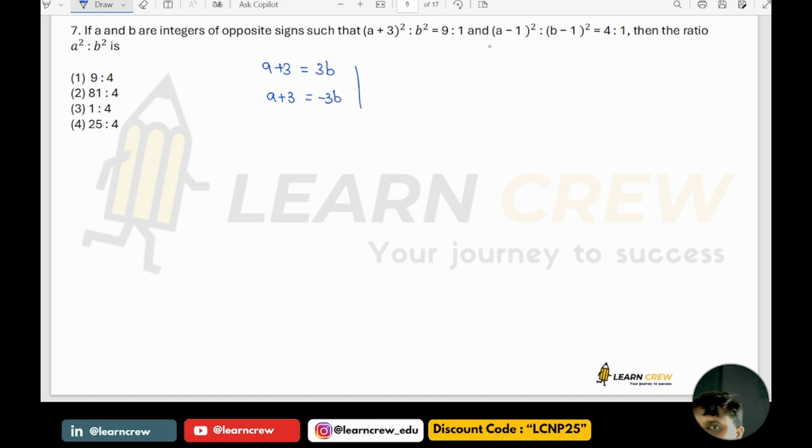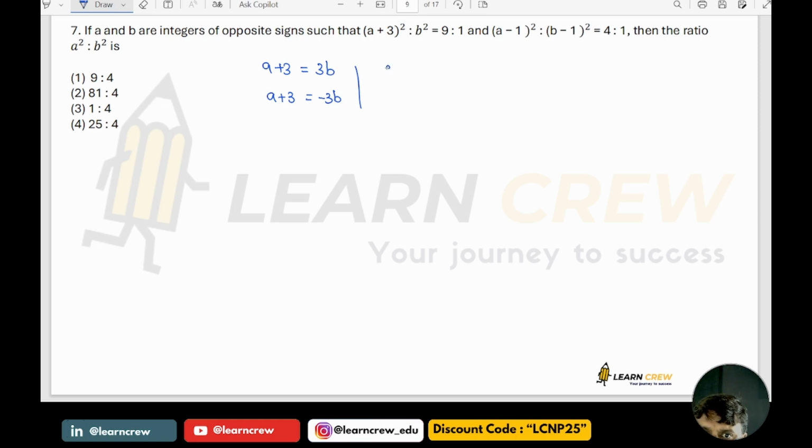Next, similarly, a minus 1 whole square is to b minus 1 whole square is 4:1. So if it is 4 into b minus 1 whole square, means what?